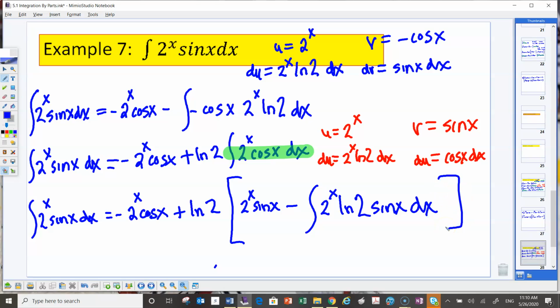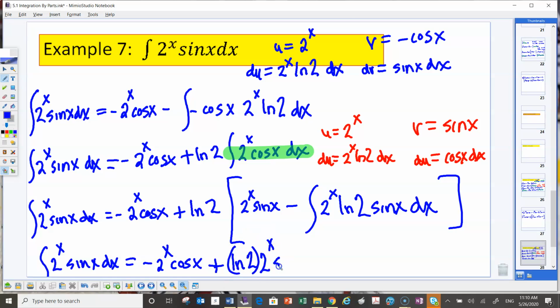So we're getting very close here. I have the integral of 2 to the x sine x dx, which is my original question, is going to be negative 2 to the x cos x plus, now when I distribute the ln2, I'm going to get ln2 times 2 to the x sine x.